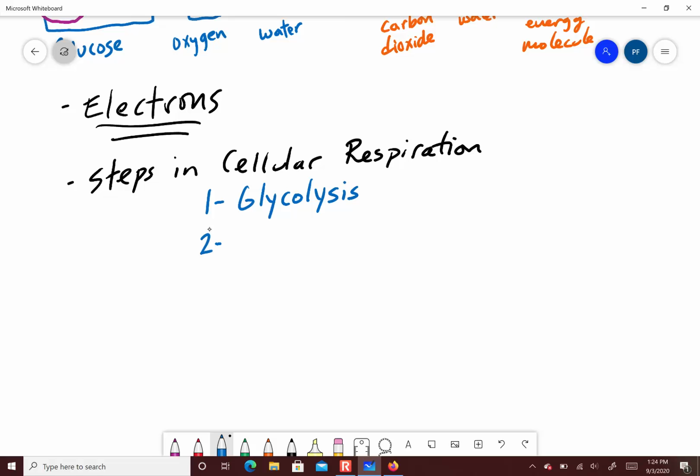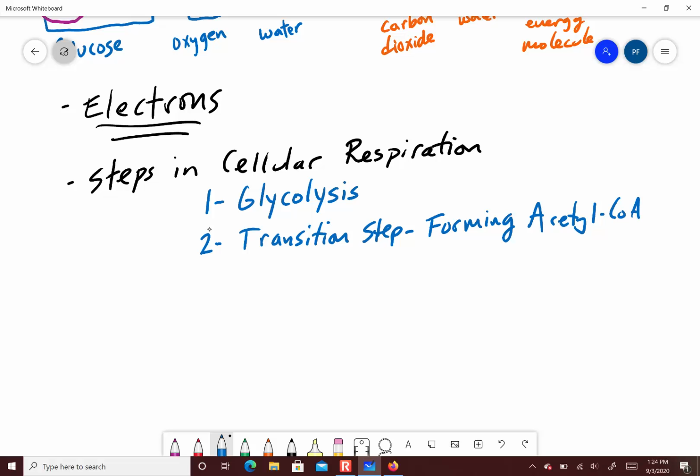So we start with glycolysis, and then we have what often is just called a transition step. What it really is, is a step that's forming this molecule called acetyl-CoA. That's what our transition is. There's a few different names for it.